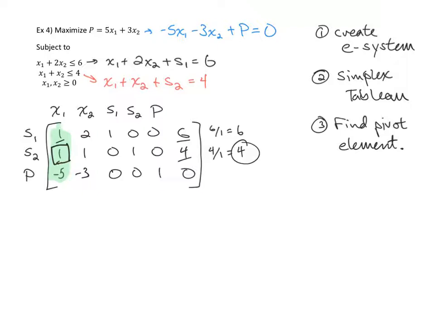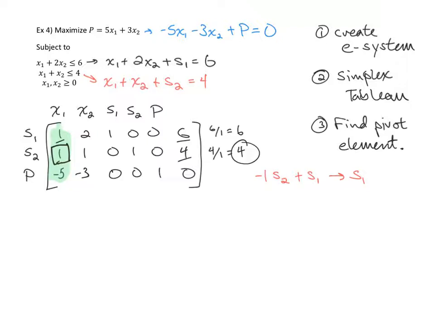And to get zeros, of course, we will be using a row combination. What that means is we will be taking S sub 2, which is where our 1 is that we're trying to keep, and multiplying it by the opposite of the number in the row S sub 1. So the opposite of 1 is negative 1. We will add it to S sub 1, and then we will take that result and replace S sub 1.